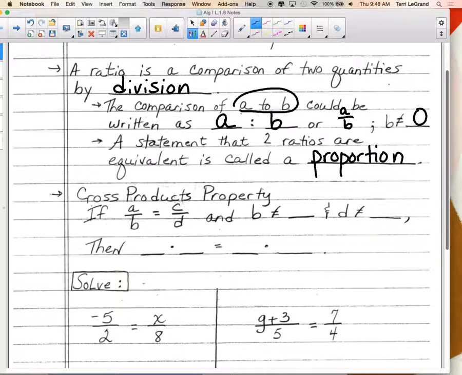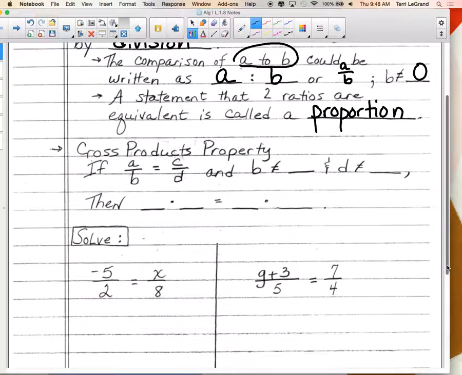Okay, well there's an important math property that says if you have A over B, or A compared to B, equal to C over D, or in other words, C compared to D, and B does not equal what? What can't the denominator be? 0. And D does not equal 0 because it's a denominator also in that case.